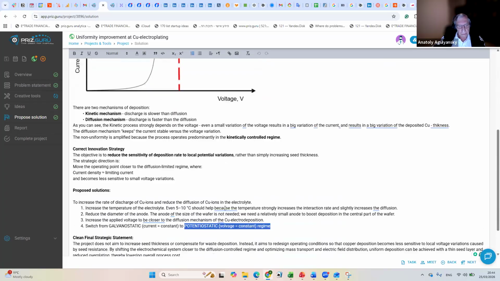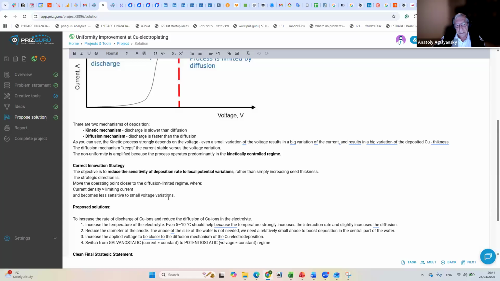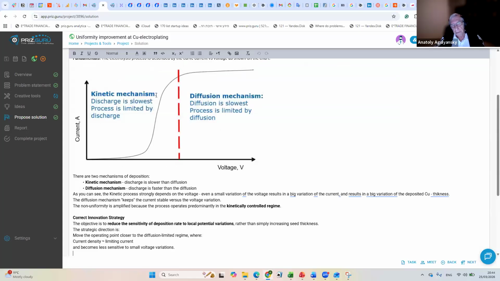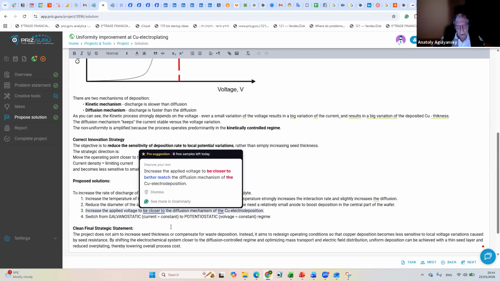So generally, what we separated first: increase temperature. When we increase temperature, we increase the rate of interaction, so we also move in this direction. The second, we can reduce the diameter of the anode, and we need to increase applied voltage.